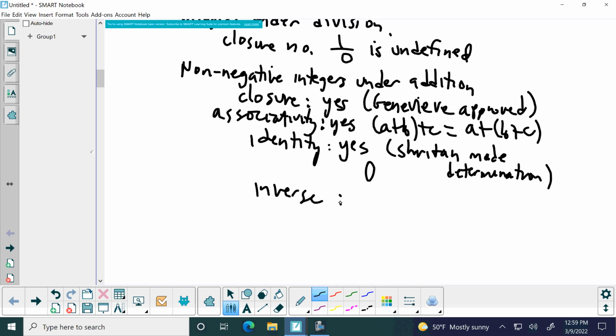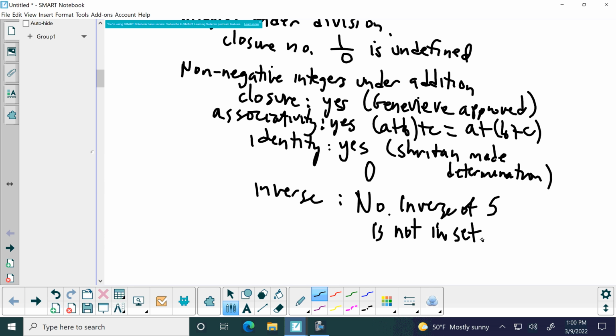So inverse, no. There's only one element of this set that has an inverse that lives in that set. Yeah, 0. So 0's inverse is 0. The inverse of 5 is not in the set. Okay, very good.